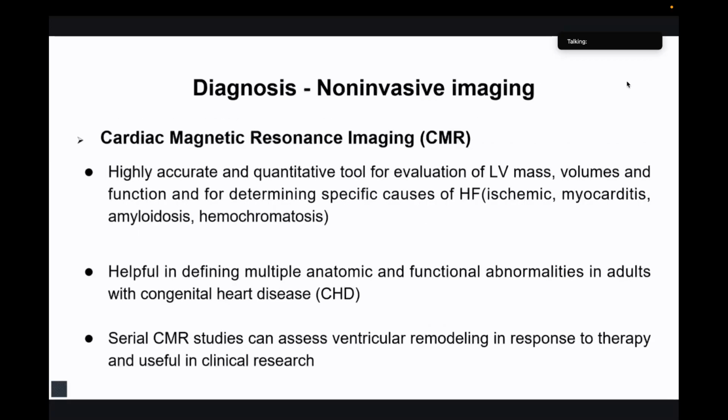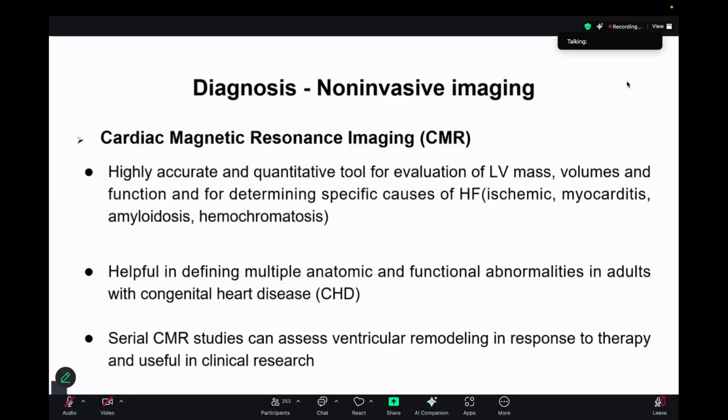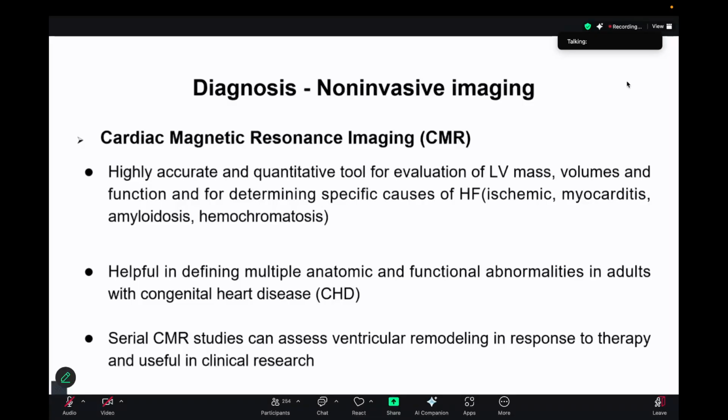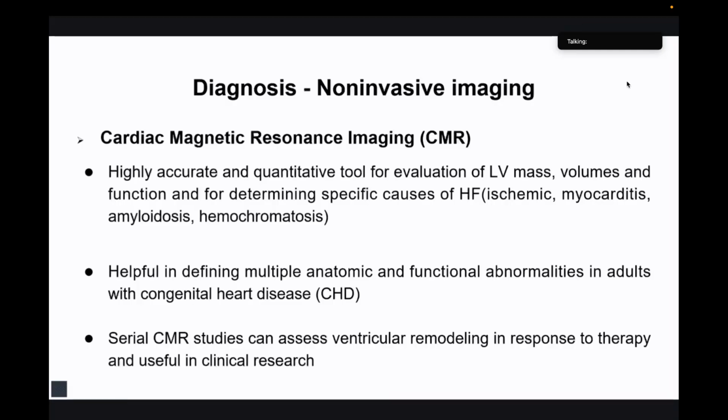Cardiac magnetic resonance imaging, CMR, is actually a highly accurate and quantitative tool for the evaluation of LV mass, volumes, and function, as well as for determining specific causes of heart failure. We can determine if the heart failure is due to ischemic or inflammatory conditions such as myocarditis, or due to amyloidosis or hemochromatosis.